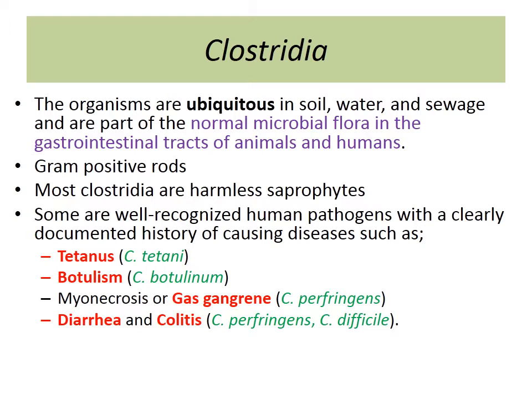Clostridium tetani causes tetanus. Clostridium botulinum causes botulism. Clostridium perfringens causes gas gangrene. The other name for that is myonecrosis, suggesting to you that the muscle gets necrosed. And then again, both perfringens and difficile are responsible for diarrhea and colitis.